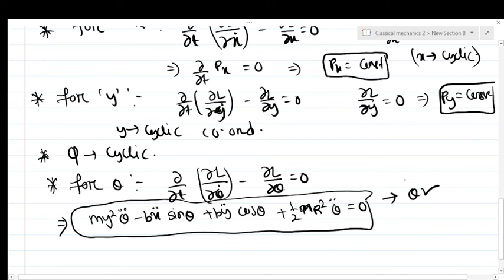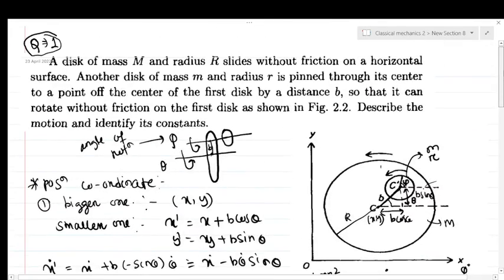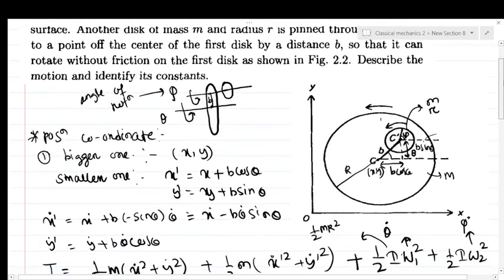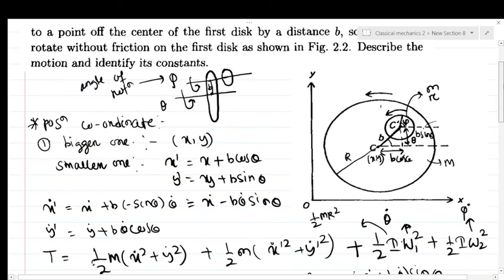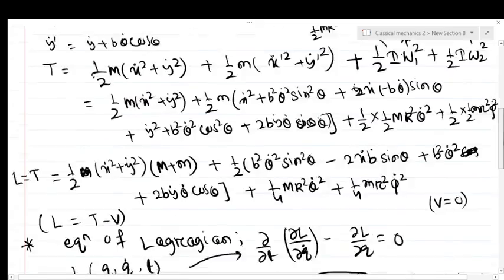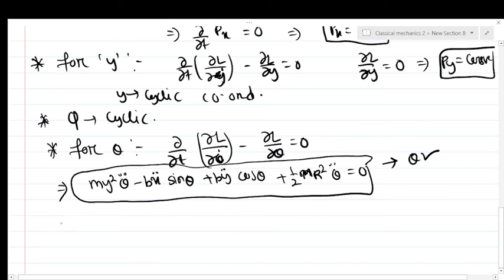And let us see the conclusion. We get the equation of motion and the constants we find. As you can see, the potential is 0, and the Lagrangian is independent of the time coordinate, so energy is also constant, and the linear momenta are constant.